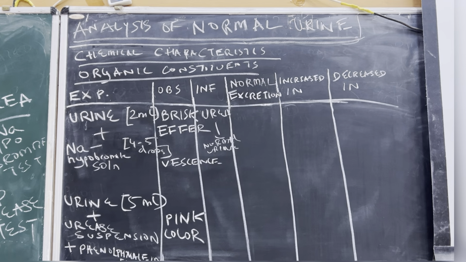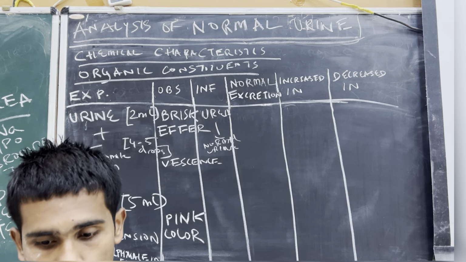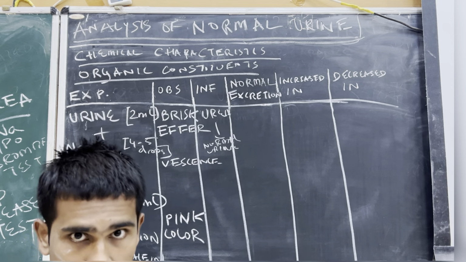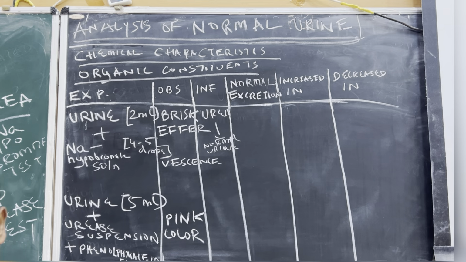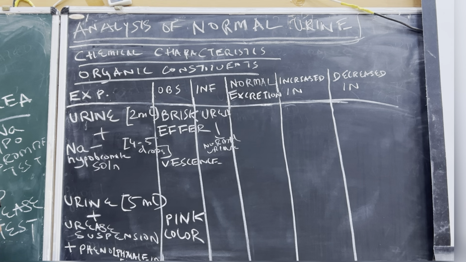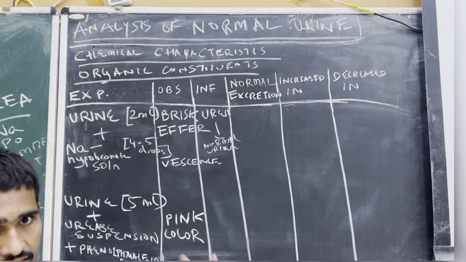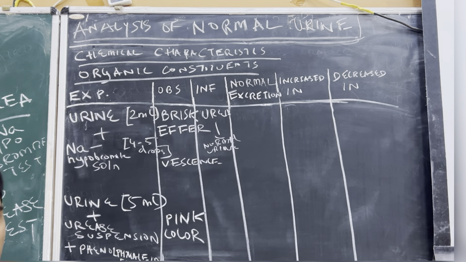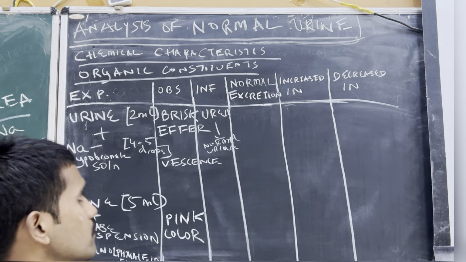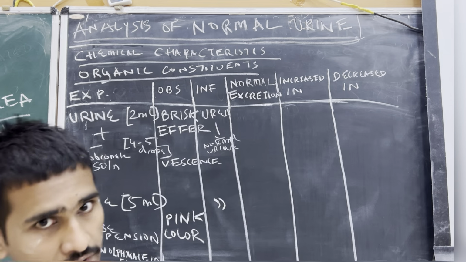Then this ammonia and carbonic acid will be converted to ammonium carbonate, and as the pH of this reaction is very alkaline, around 9.5, phenolphthalein, which is the indicator, will give a pink color. That is the basic principle. So the inference will be the same, that urea is present in normal urine.